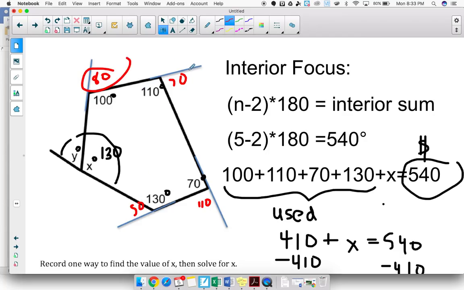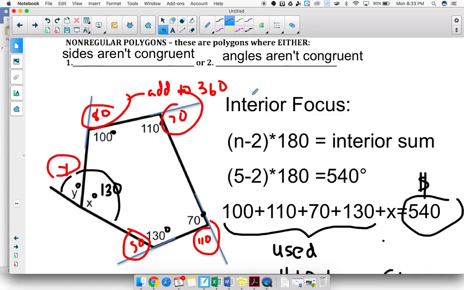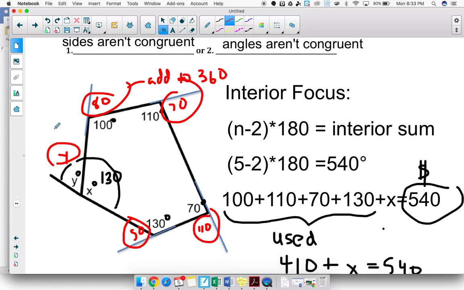Well, these red ones, along with the Y, have to add up to 360 always. If you do the math, the 80, the 70, the 50, and the 110 add up to 310.